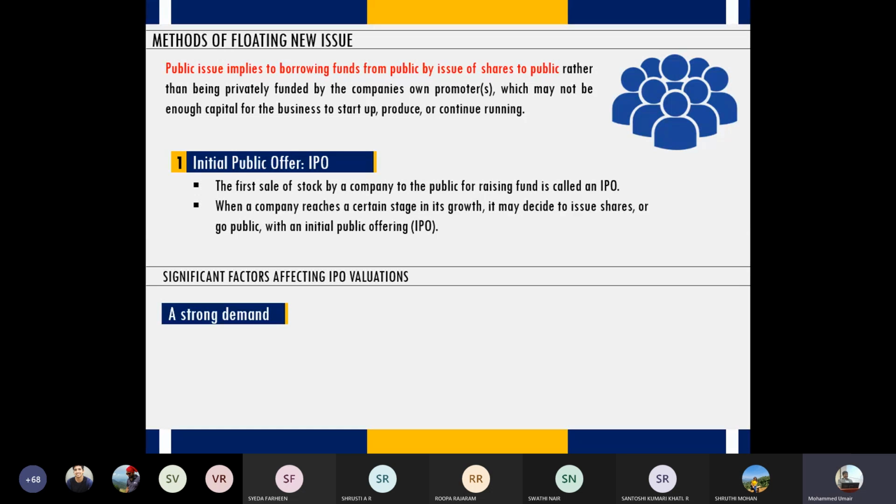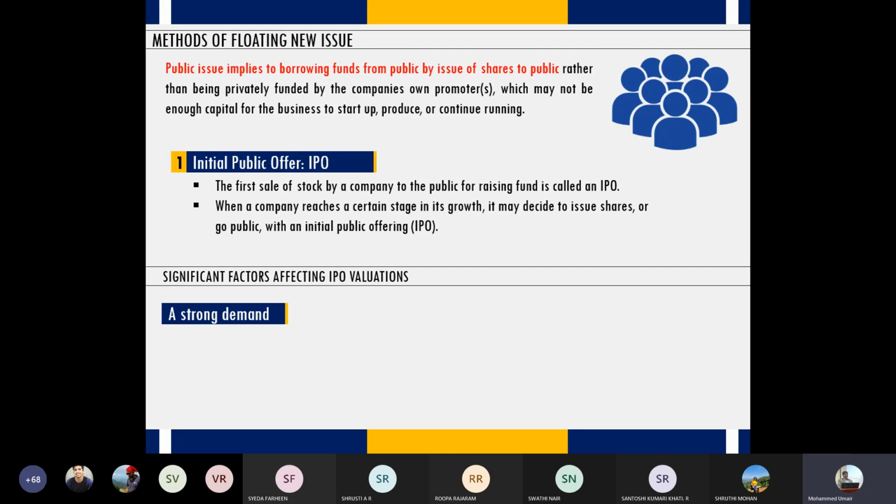So if Burger King is issuing shares, do you think Burger King's product has a good demand in the market? Recently we had the Barbecue Nation IPO also. Do you think Barbecue Nation has a good demand in the market? That assessment is very easy to do, right?